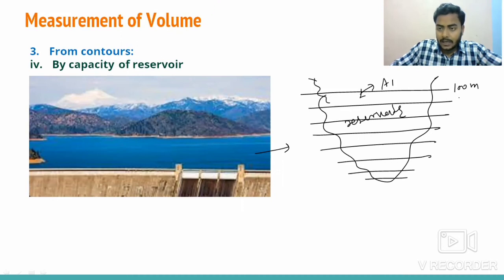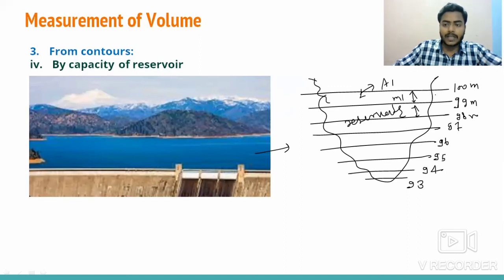Suppose this elevation is 99 meter, this is 98, this is 97, 96, 95, 94, 93. So the contour interval is 1 meter, the vertical distance between successive contours.